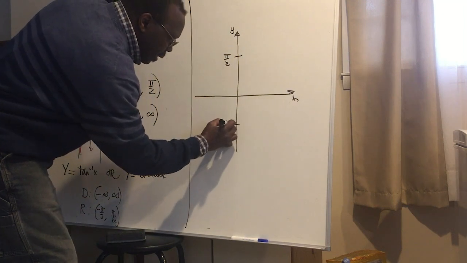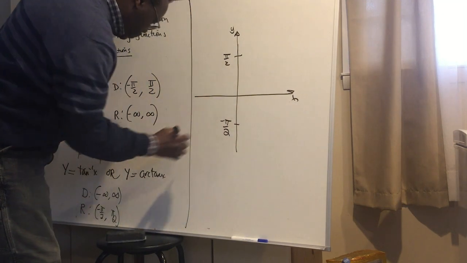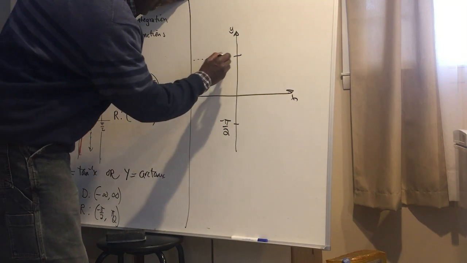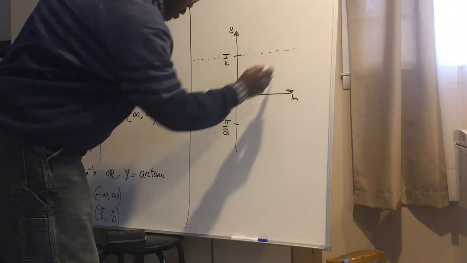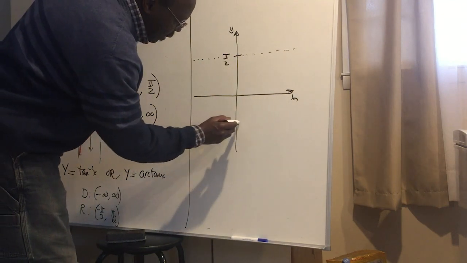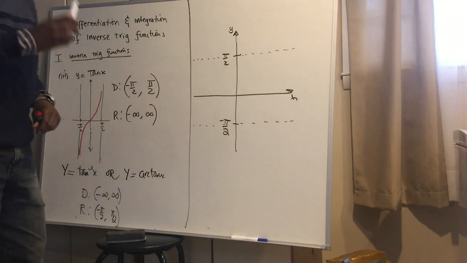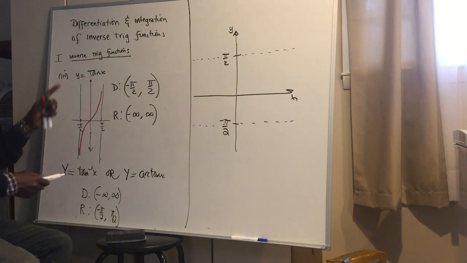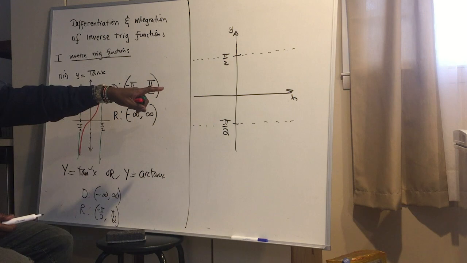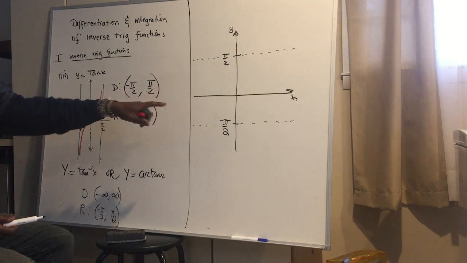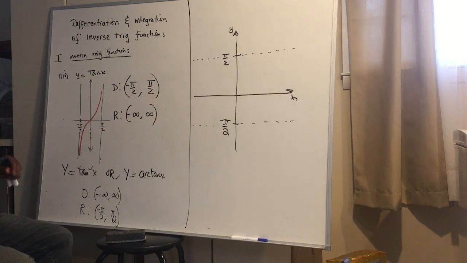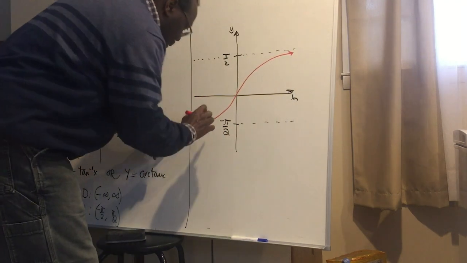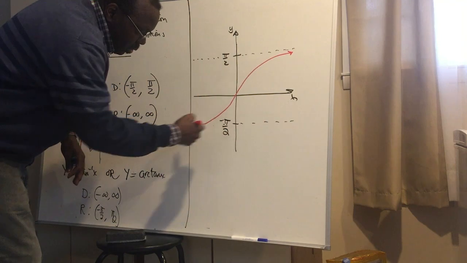This is negative pi over 2. These two lines happen to be horizontal asymptotes for the inverse function. Just like these two vertical lines are asymptotes for the graph of tan x. In the case of the inverse function, the horizontal lines turn out to be asymptotes. How does the graph look? It doesn't touch those two horizontal lines.